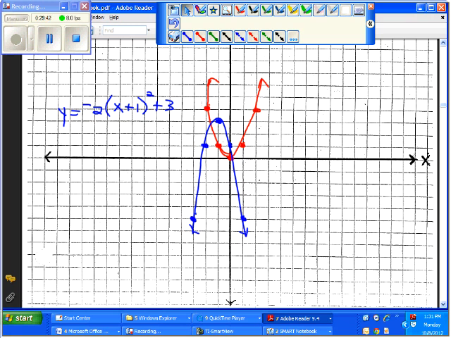Okay, let's talk about what you learned in algebra before, because we're going to do this again in another lesson. We talked about what would happen to this parent function if I added 3. What would happen? It would shift up 3. Right?